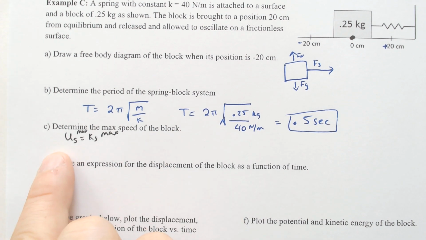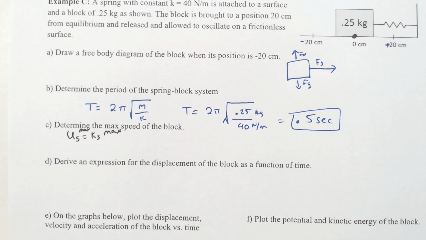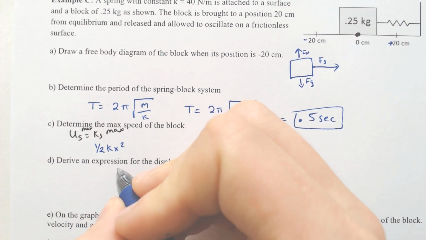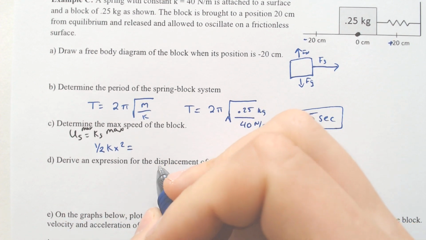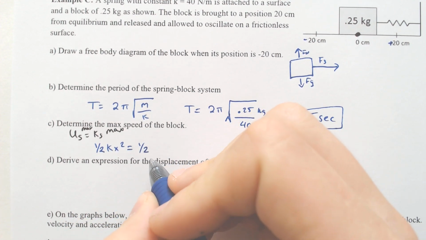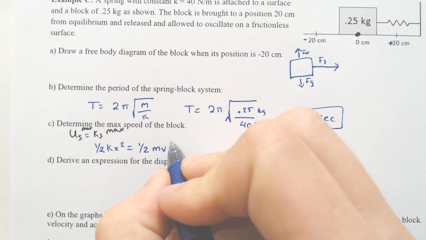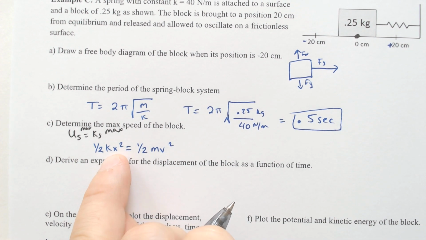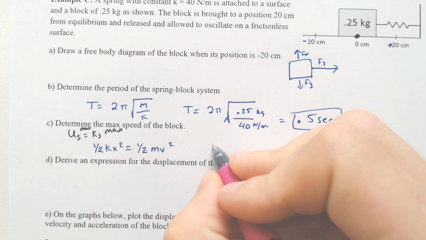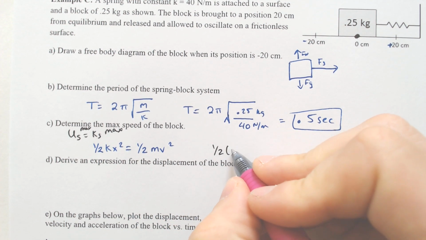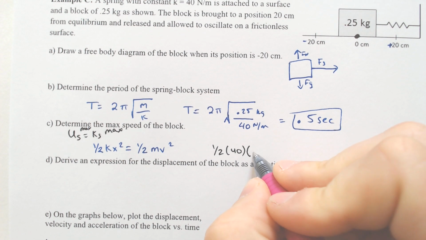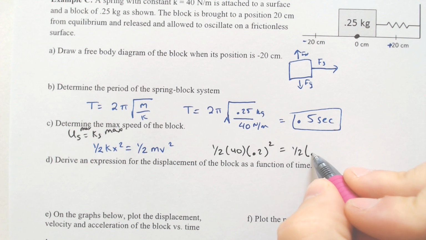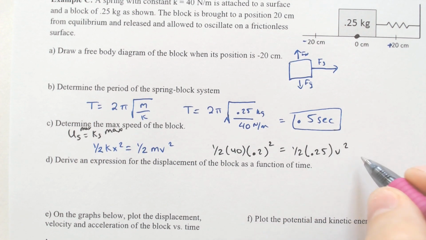Well, the potential energy of the spring is equal to 1/2 kx squared. And that would have to equal the maximum kinetic energy, which is 1/2 mv squared. And we're looking for the maximum velocity. We know the spring constant, so we would have 1/2 times k, which is 40, times our displacement, which is 0.2 squared, would have to equal 1/2 our mass, 0.25, times the velocity squared.